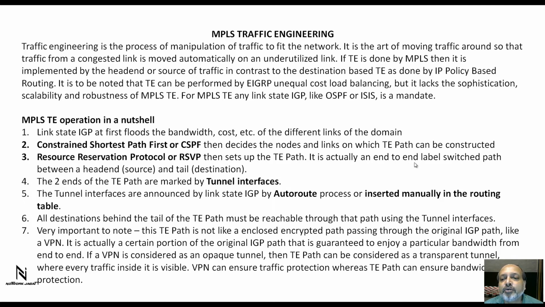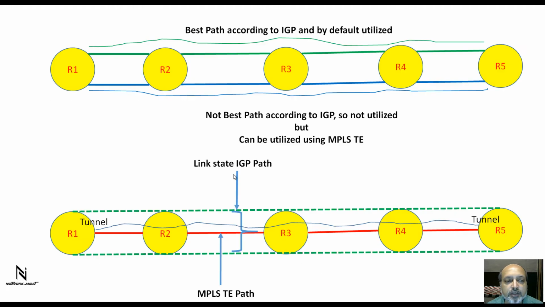It's actually an end-to-end label switched path between the head end and the tail end. After CSPF specifies the physical nodes and links through which a TE path can be created, the job of establishing that TE path, or this virtual path, entirely falls on RSVP. So RSVP now constructs that path.